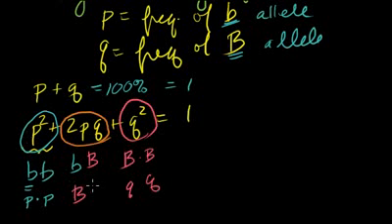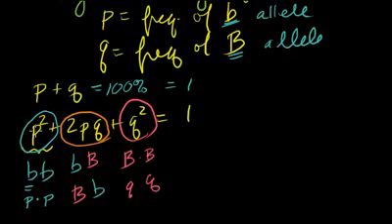I don't know anything about these parents, so if I'm making no assumptions, I just have to assume that the probability that I get an allele from either one of them is equal to its frequency in the population. So there are two ways of getting these. The probability of this combination is P times Q, and the probability of this one is Q times P, which is the same thing. Add them together and you get 2PQ. This is essentially the frequency of the hybrids in the population.